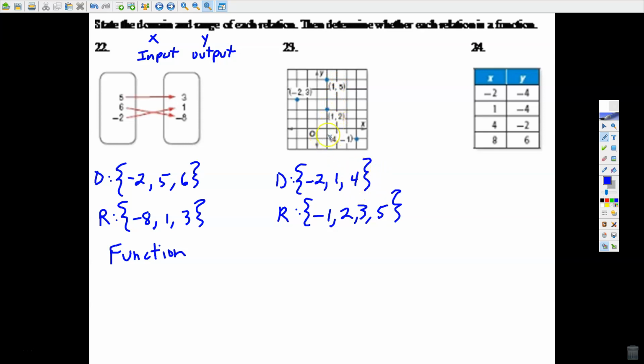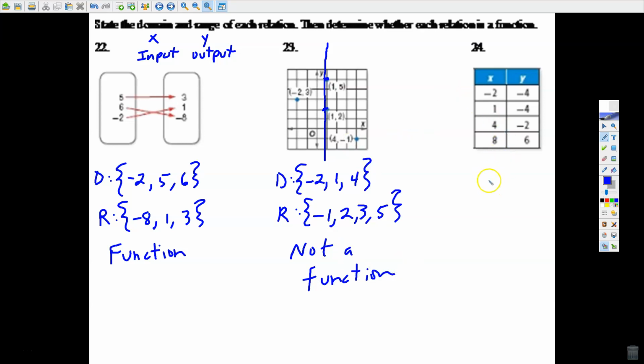That makes it not a function. Another reason why it's not a function is it doesn't pass the vertical line test. A vertical line touches 2 points. If a vertical line touches more than 1 point on the graph, it's not a function. So that's our complete answer to number 23.